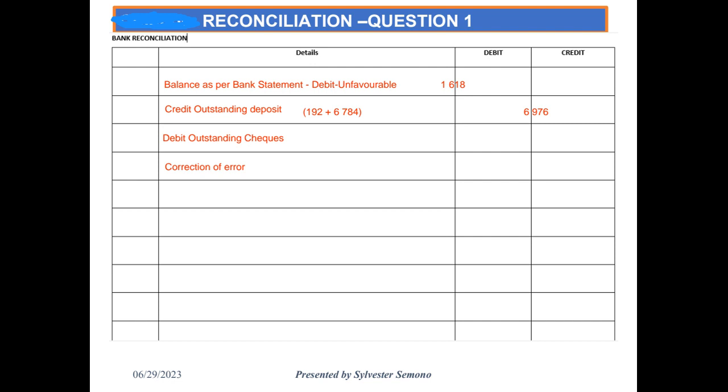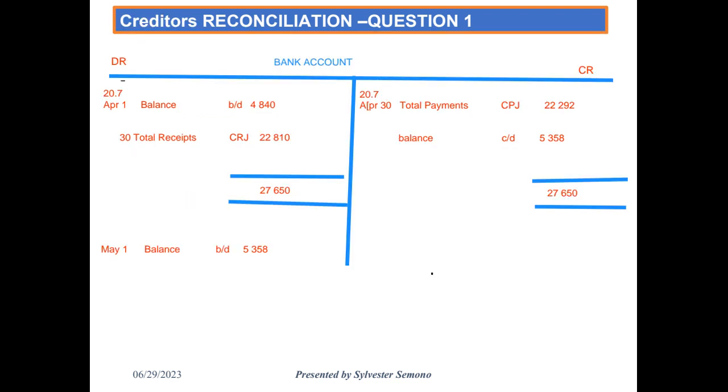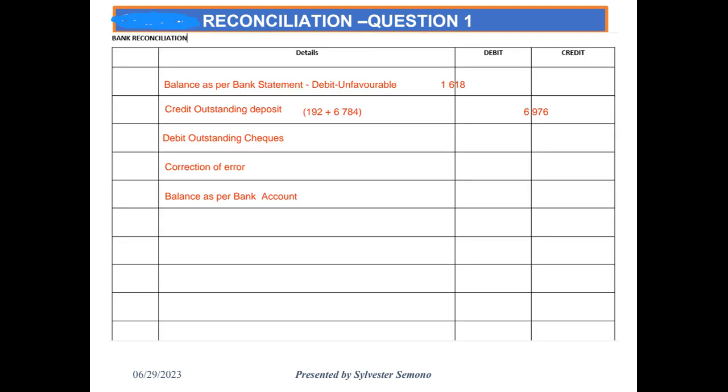Remember, if we had a bank account somewhere there, we must check the balance. And then where are we going to put it? On the debit side. So we go to the debit side and we put how much? 5,358.58.